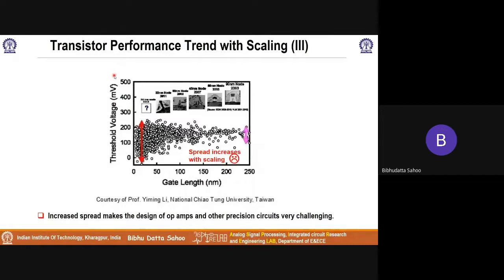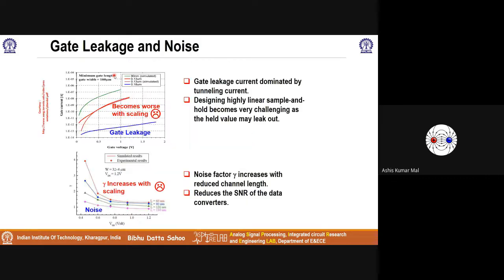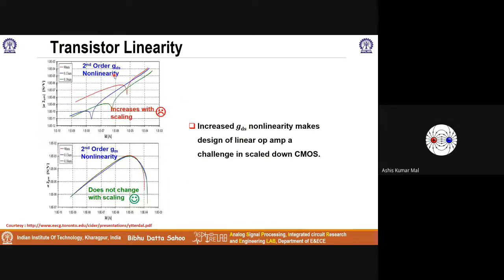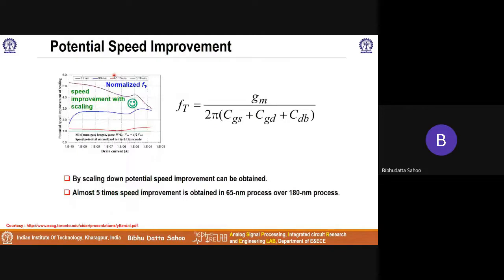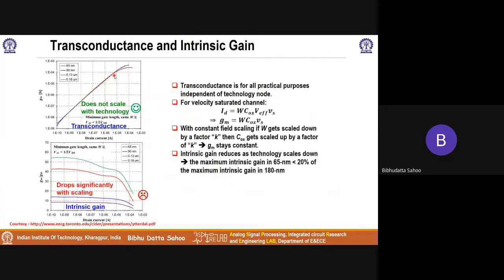Does it make sense? Yes, sir. When you are comparing two technologies, for example, 28 nanometer and 65 nanometer, or maybe 180 nanometer, you are saying their GDS is increasing as a result of scaling. As you downscale, GDS is increasing.